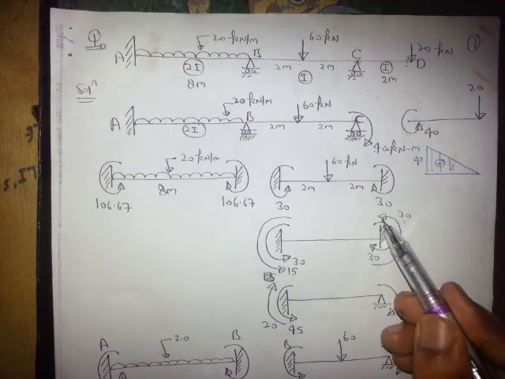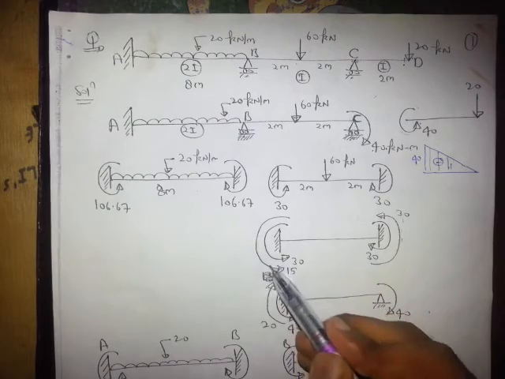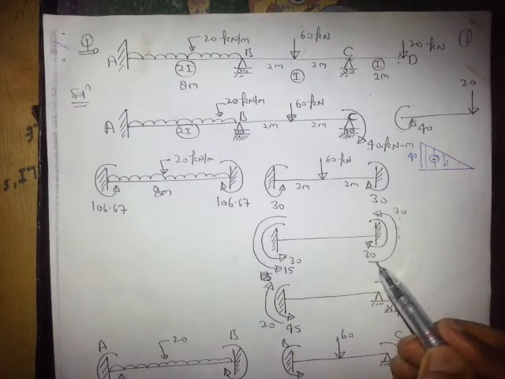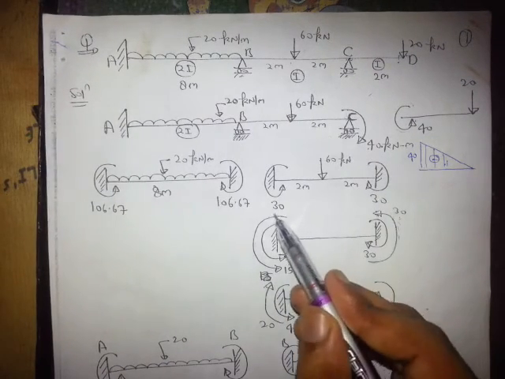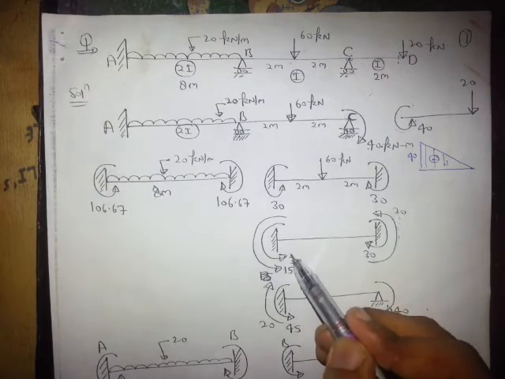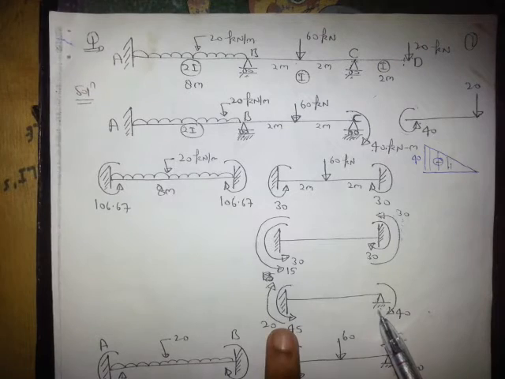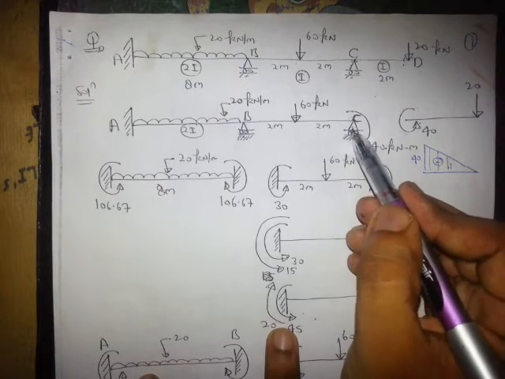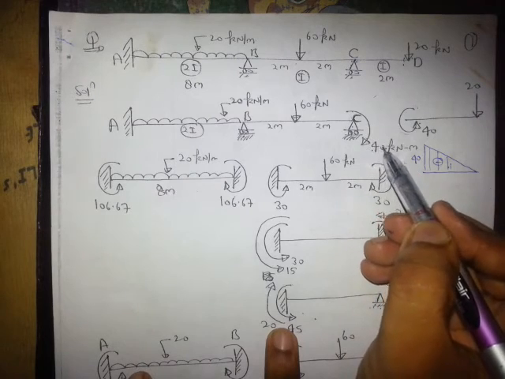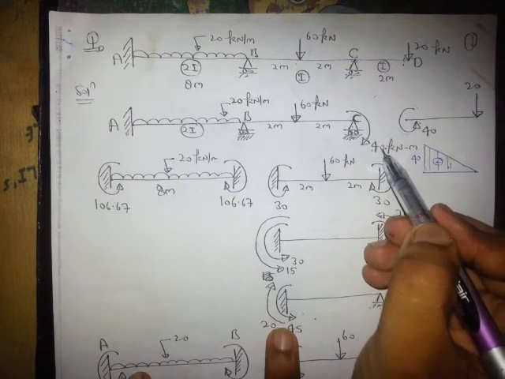As soon as I apply 30, 15 will be transferred here in the same direction. This is the applied 30 and this is the transferred 15. So this will be 45 and this end will be hinge. But dear friends, we have to make this beam homologous to this, and at this end a 40 kilonewton clockwise couple is applied.